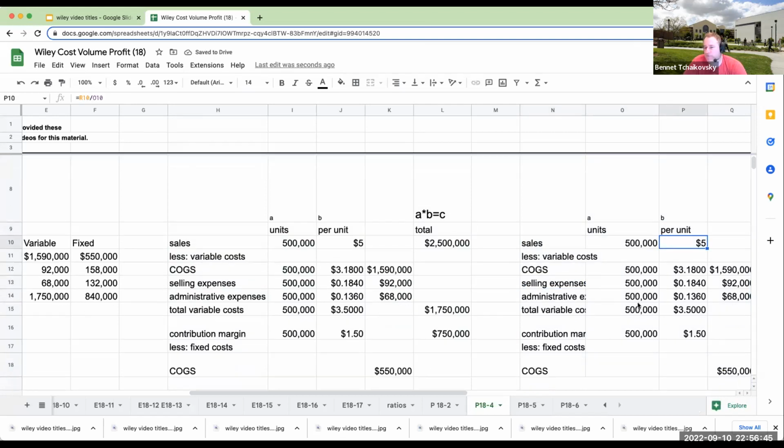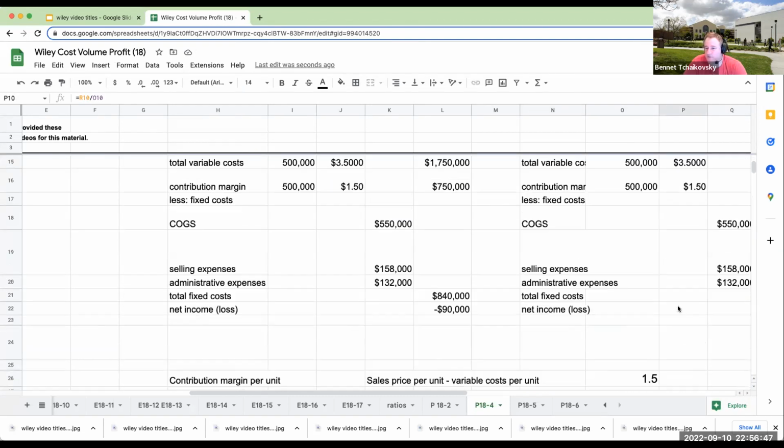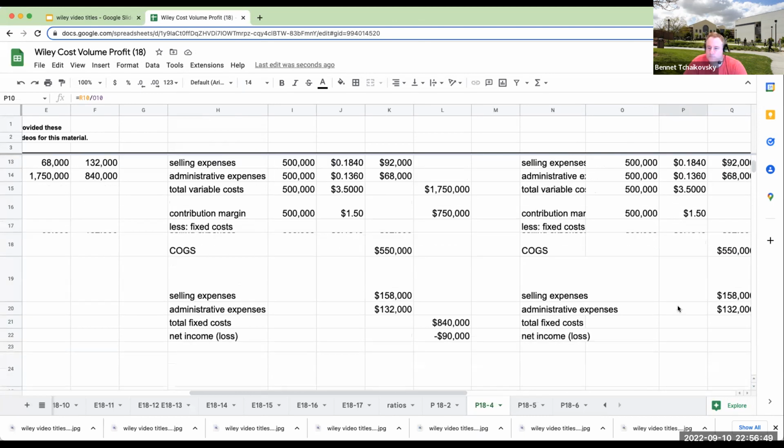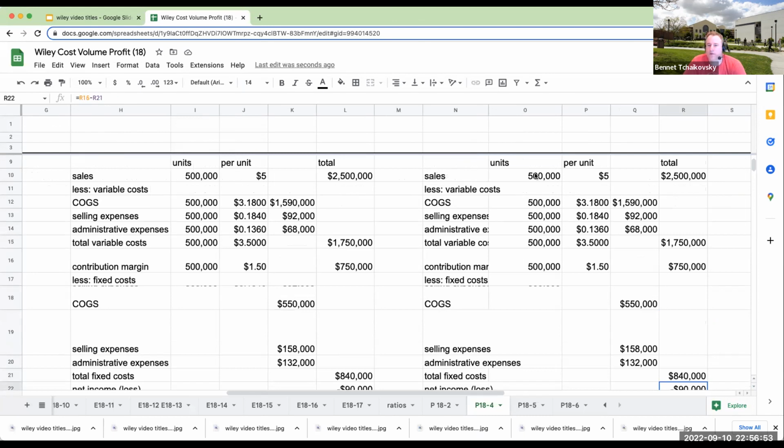So to break even, we computed that this would be 560,000. At 560,000, we're actually right over here, 2.5 million. Let's go ahead and redo this. I'm going to undo this here because of what I have to do now. I'm going to hard code this.